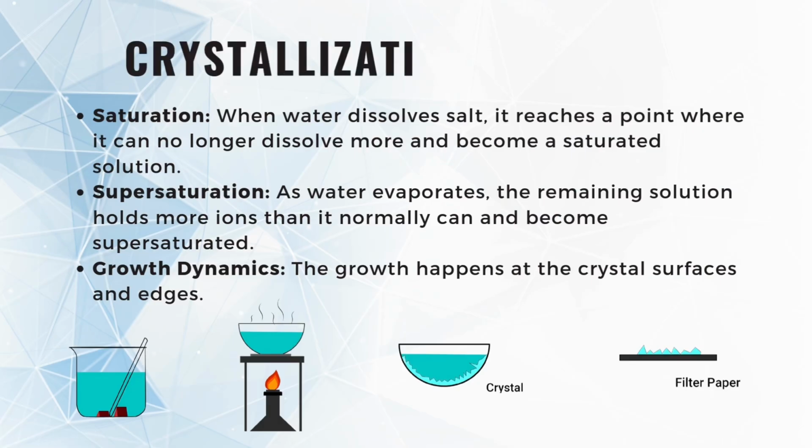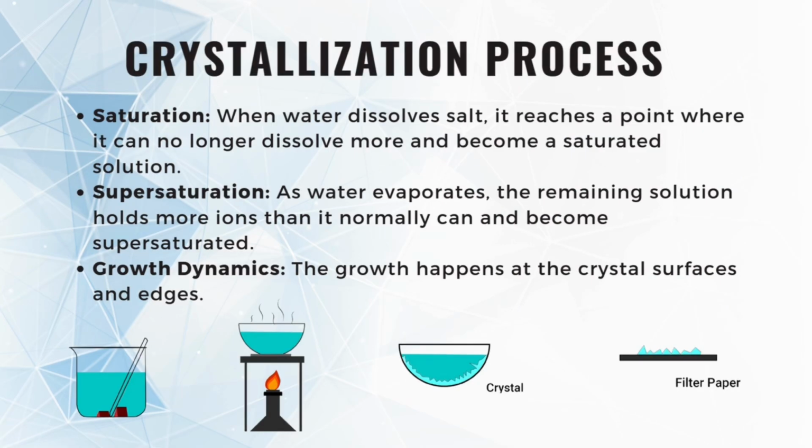The crystallization process has 3 main stages. First, saturation. When water dissolves salt, it reaches a point where it can no longer dissolve more and becomes a saturated solution. This happens because the water molecules can only surround and separate a finite number of sodium and chloride ions. Second, supersaturation.